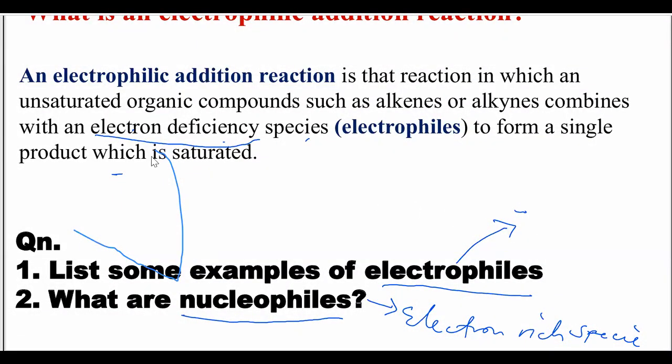So these species lack electrons, they are deficient. When we talk about someone being deficient of a particular nutrient, it means he lacks that nutrient. So electrophiles are electron deficient species, while nucleophiles are electron rich species.